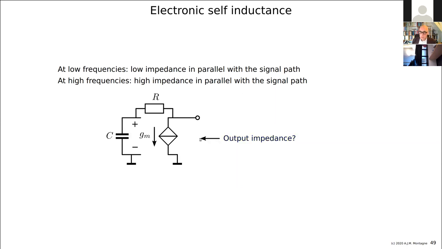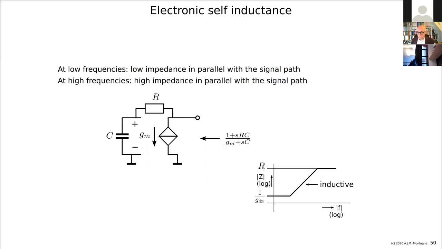So at high frequencies I have R, and at low frequencies 1 over GM. So the output impedance of this circuit would look like this. It would start for low frequencies at 1 over GM, and if R is much larger than 1 over GM, it ends up at higher frequencies at R.